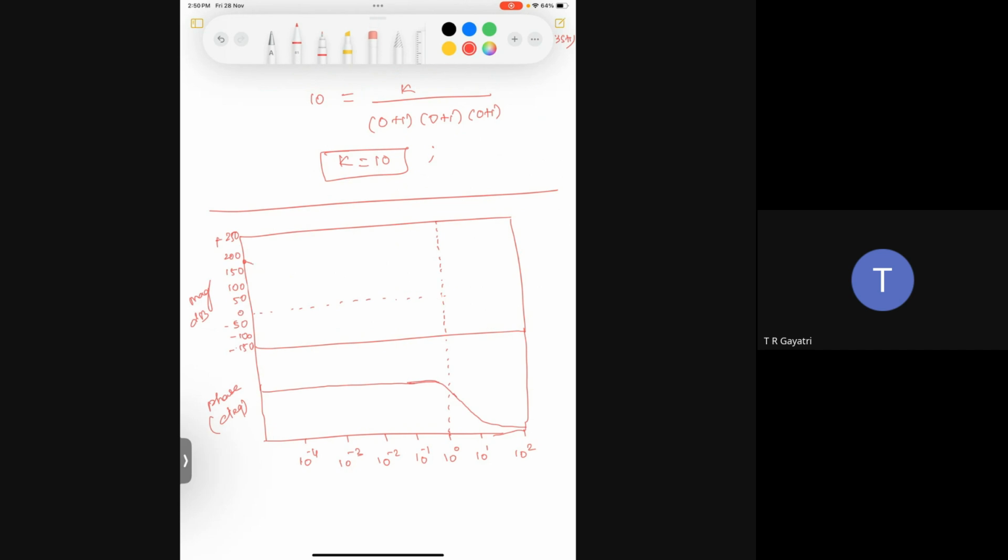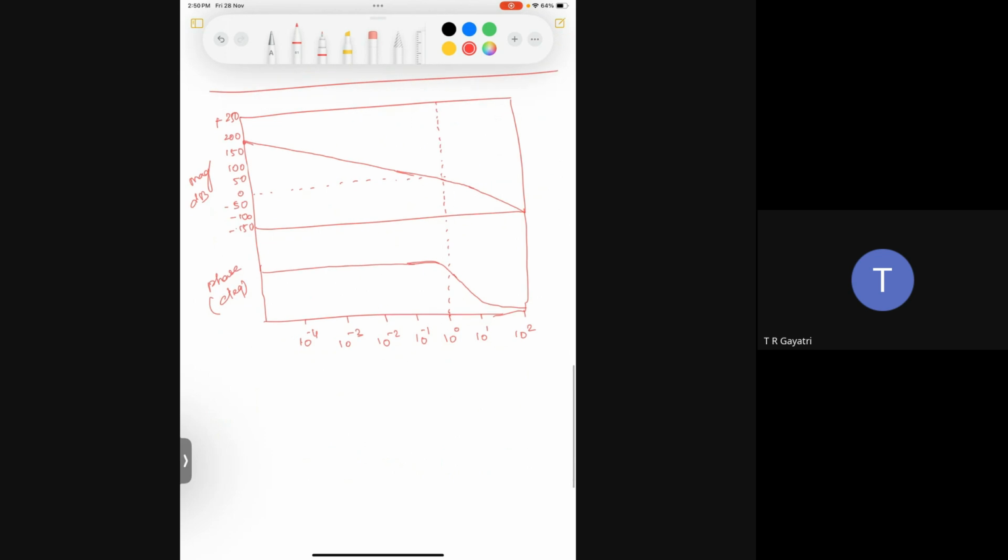It's a rough asymptotic plot only, but after this it has a little bit of slanting slope.